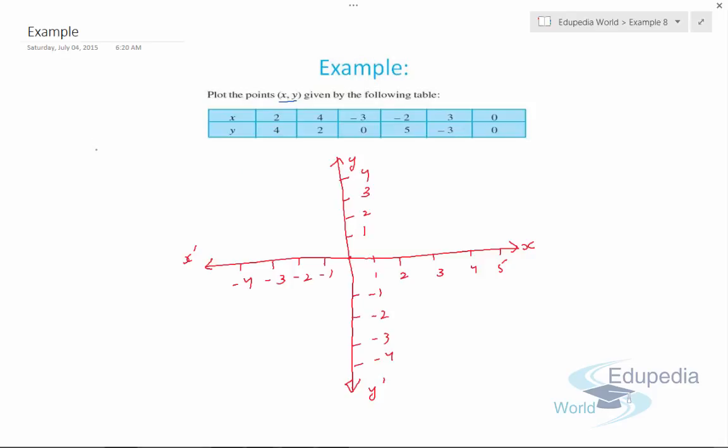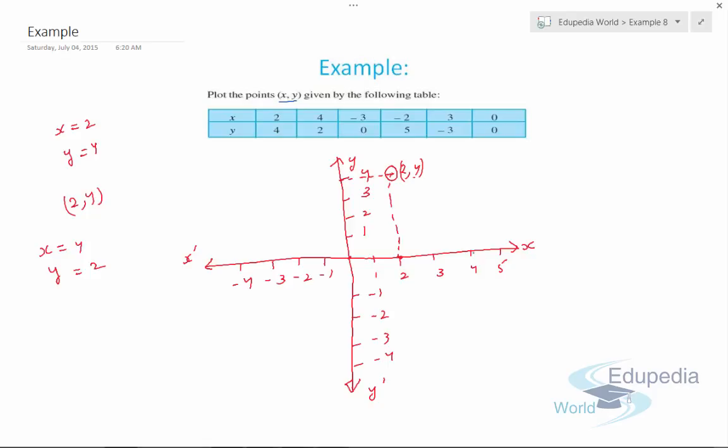The first point is x is 2 and y is 4. So the point will be 2 and 4. The x part is 2 and the y part is 4. So we can draw a line like this. The second point is x is 4 and y is 2.